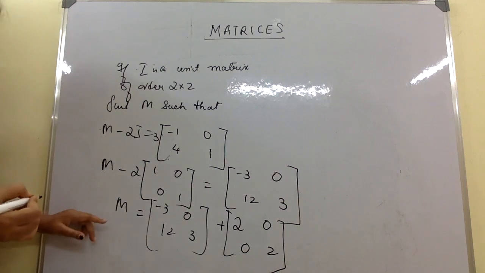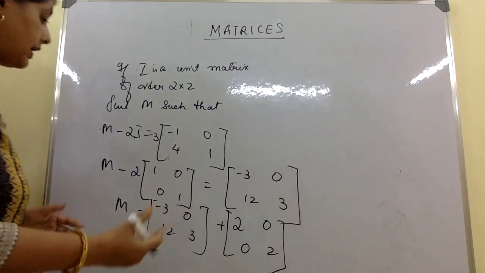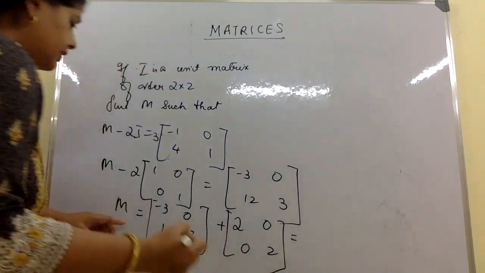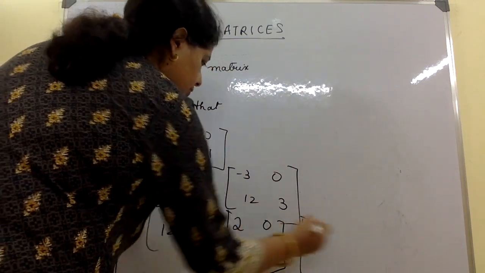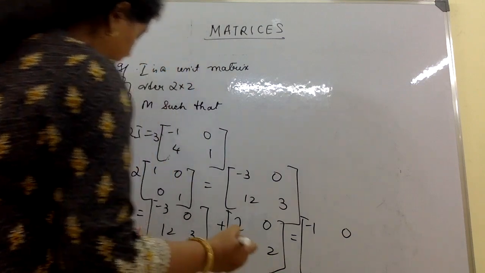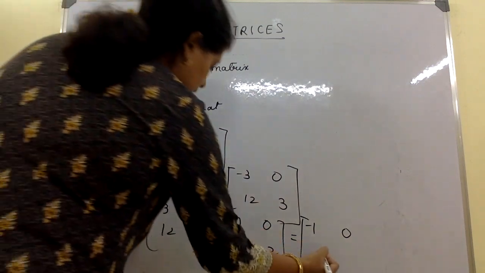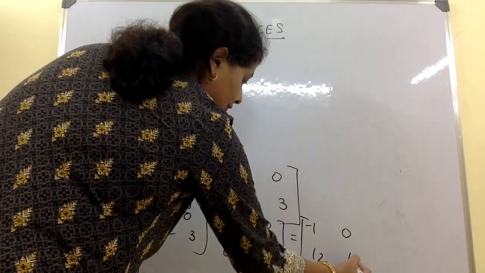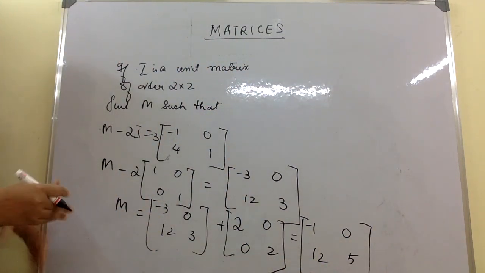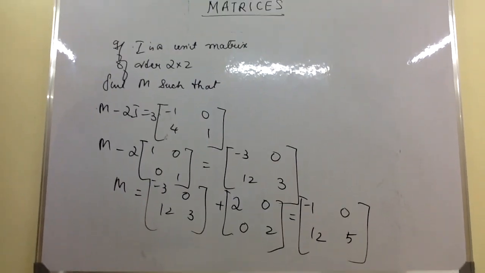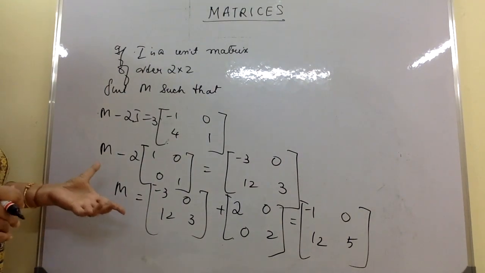Okay, so now M is how much? Now I shall be adding it. So it goes just like linear equations only. Here minus 1, and 0 plus 0 is a 0. 12, yes, that's a 12 and 5. Okay, so this is the final matrix, the matrix M. We have found the matrix M now.